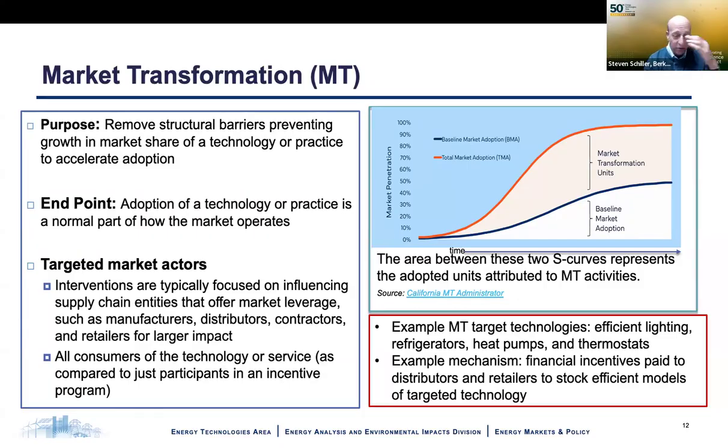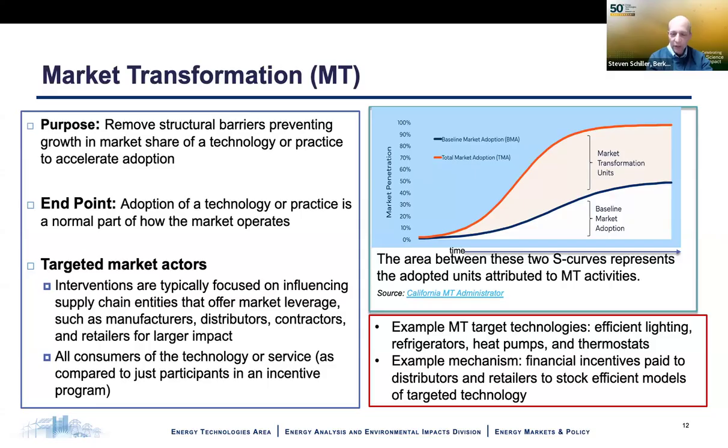Getting back to the case where I talked about wanting more efficient water heaters going into homes. Typically, people buy water heaters when their water heater fails. They call up a plumber, they call up Home Depot and say, "Hey, I need a new water heater. What do you got?"